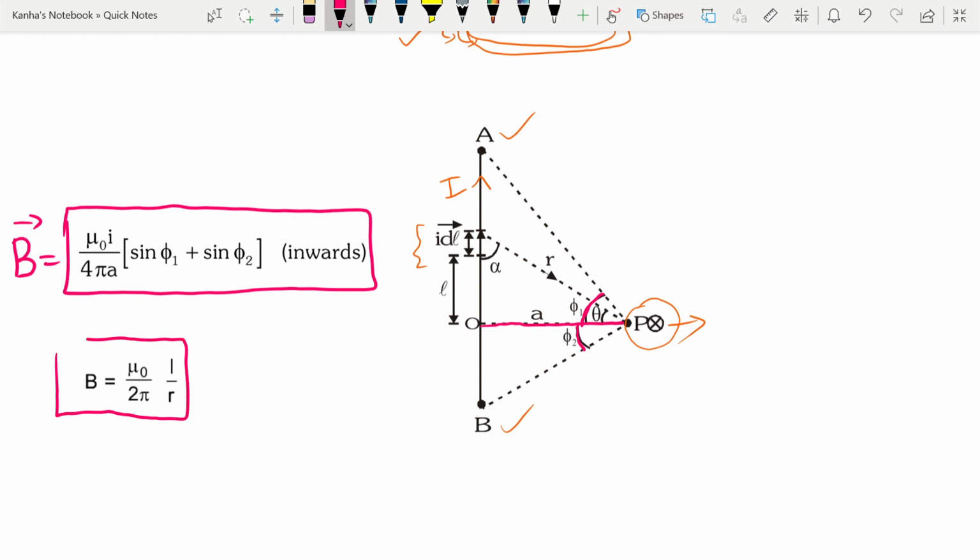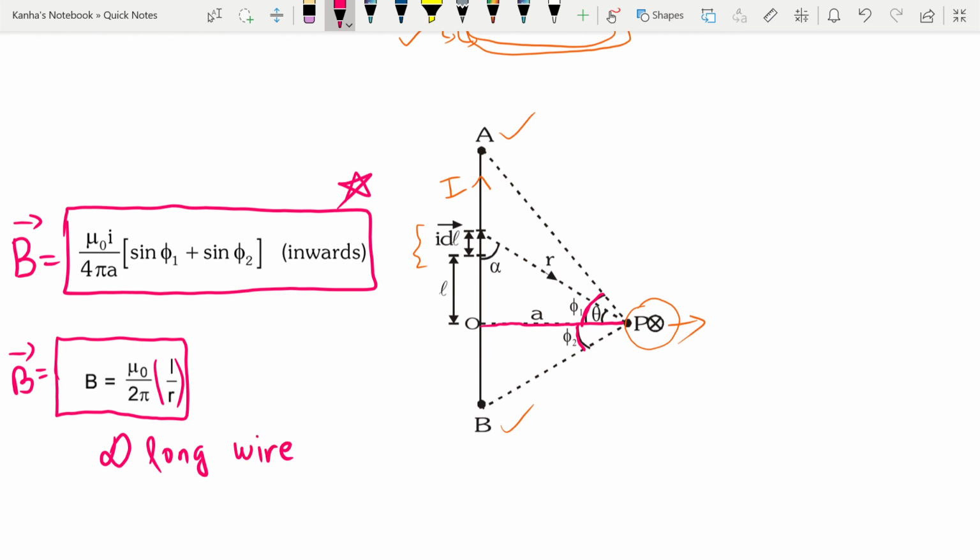And a consequence of this is B is equal to mu naught by 2 pi into I by R. This is probably more important than the first formula. This is essential. If you learn this, it's really nice for you. But sometimes in the questions they only ask you for the formula of an infinitely long wire or a current carrying conductor.